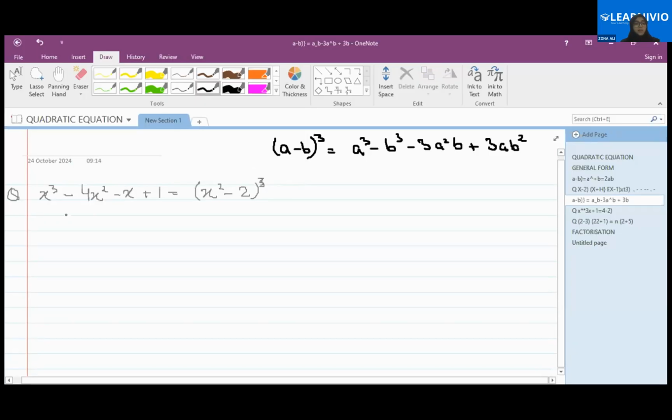Now we are going to use this formula in this question because it is like whole cube here. So it would be x cube minus 4x square minus x plus 1 is equal to 0, is equal to this thing. What will be the answer for this?